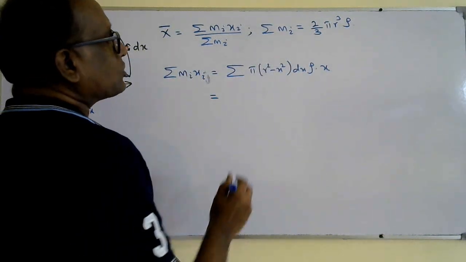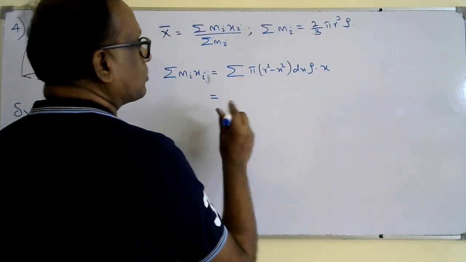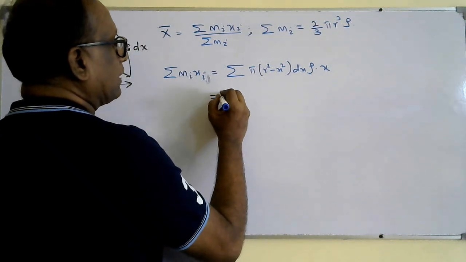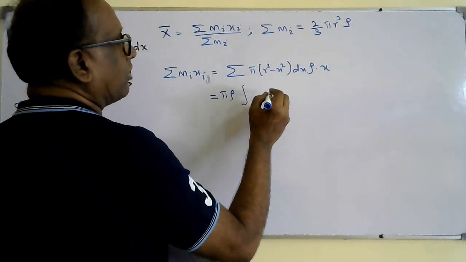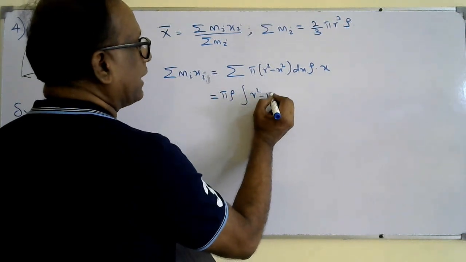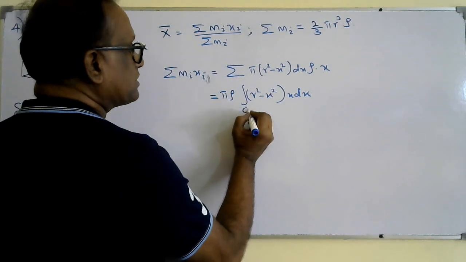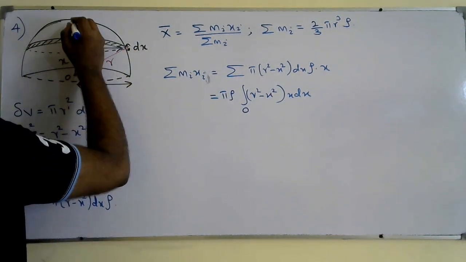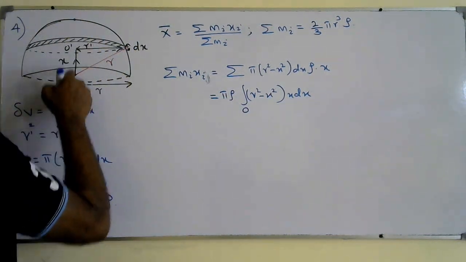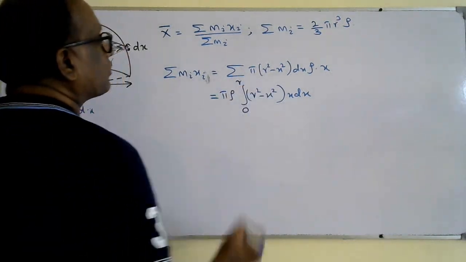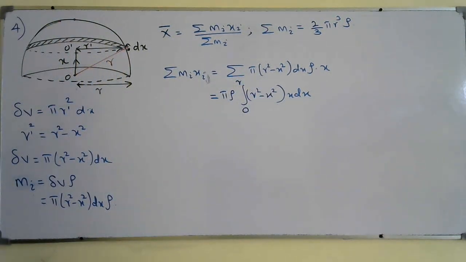I'm finding this numerator first, then I'll divide by the total mass to find x bar. I can take pi rho outside. So pi rho integral of (r squared minus x squared) x dx, with the range from 0 to r. R is the radius.